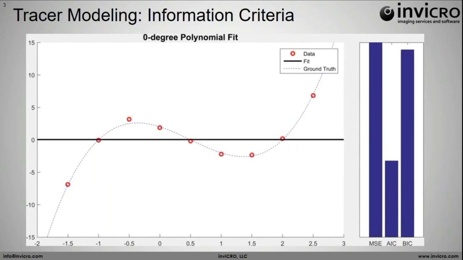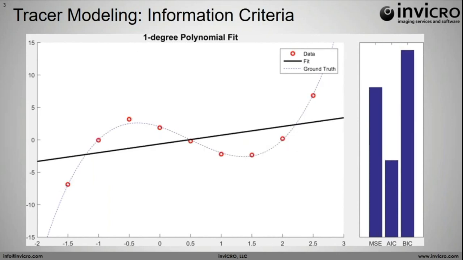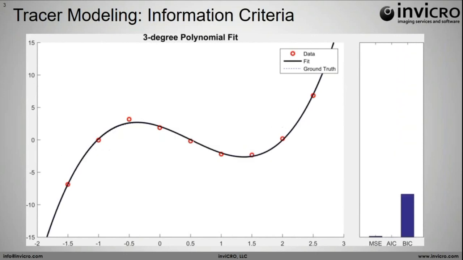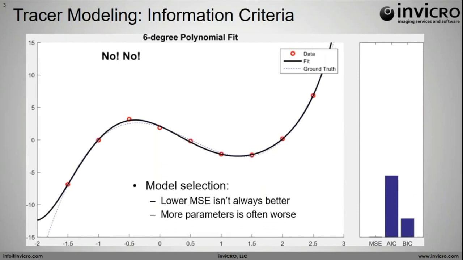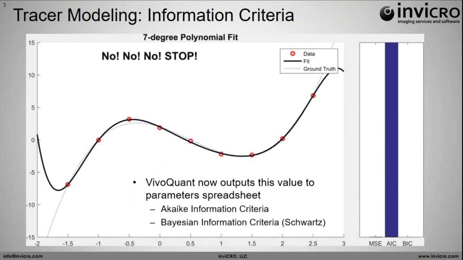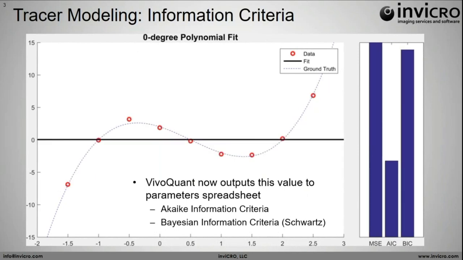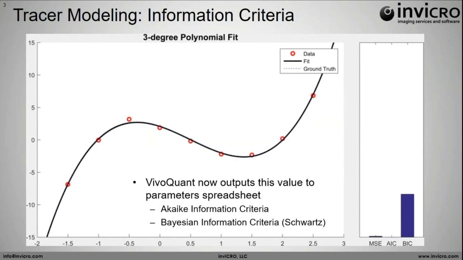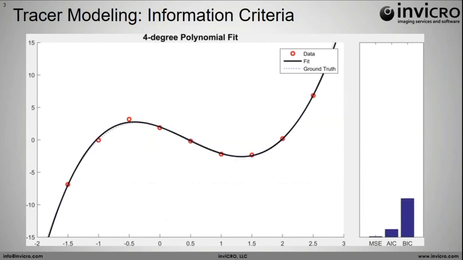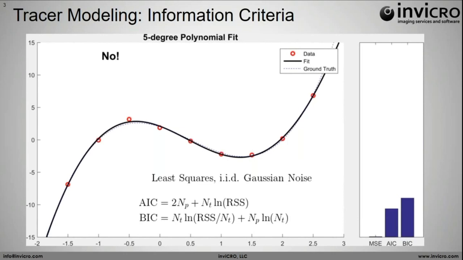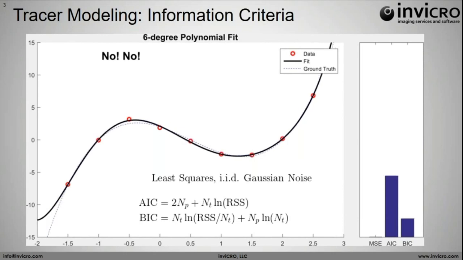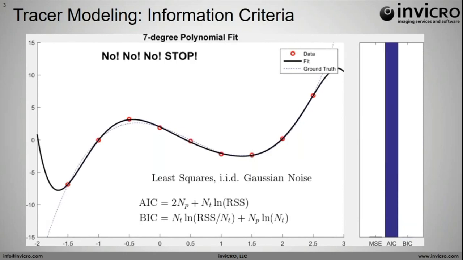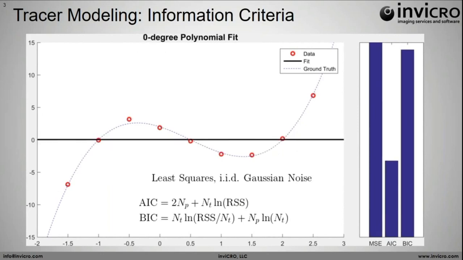You can certainly overfit your data, as you can see in this toy example, and it occasionally can be beneficial to minimize something like the Akaike information criterion or Bayesian information criterion. So VivoQuant now outputs this with every model that gets run, into spreadsheets, and it shows you in the interface as well. These are just based on standard Gaussian noise assumptions for its computation.